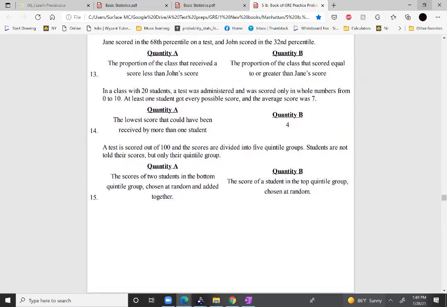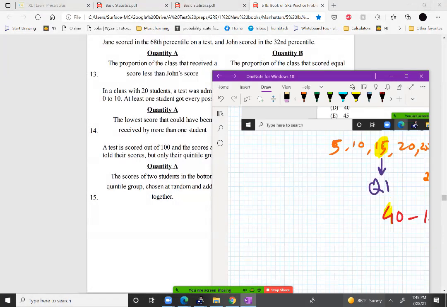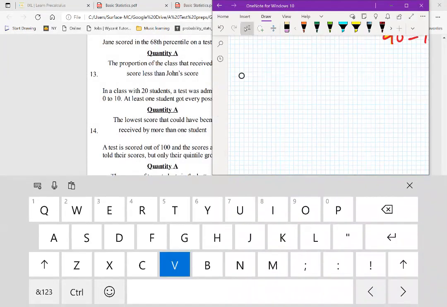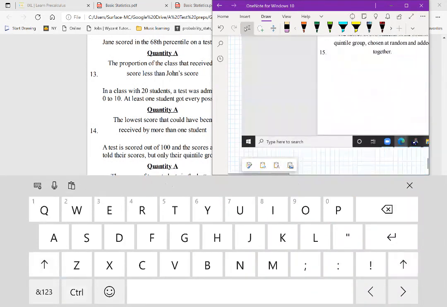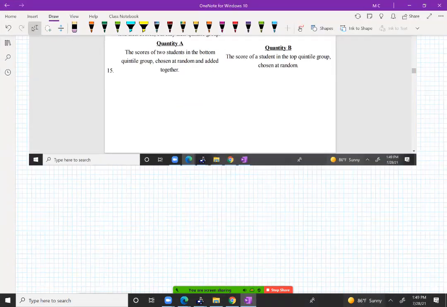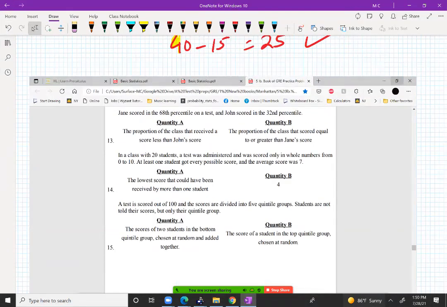Try this one, number 13 starts at the top of the page. Let me copy this to the notebook. Starts here. Ends here. 14 starts here.